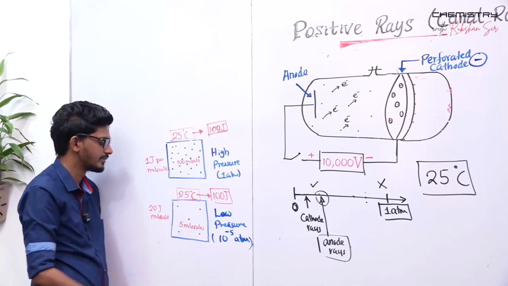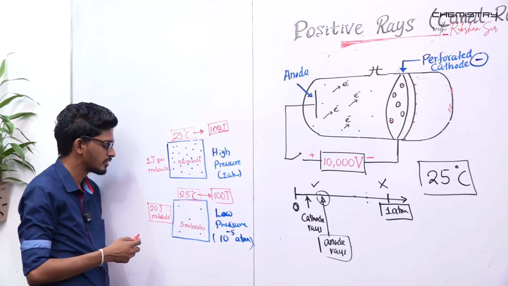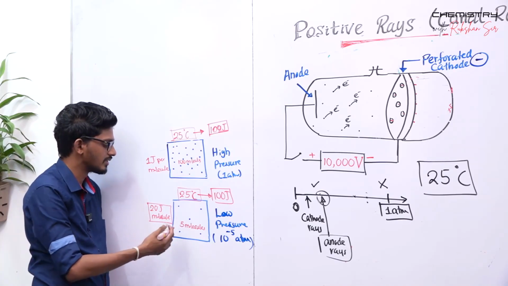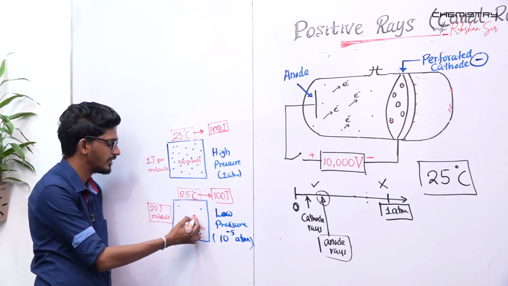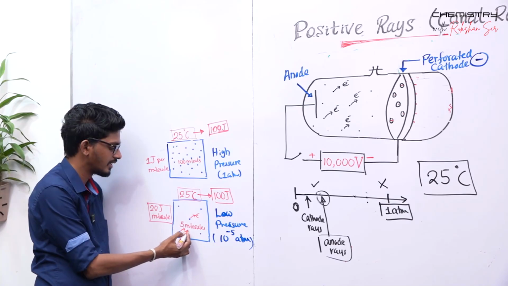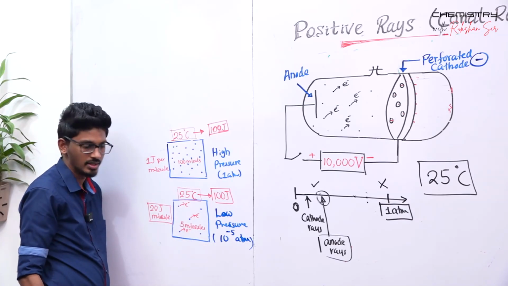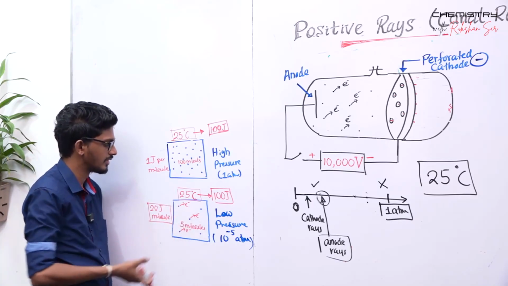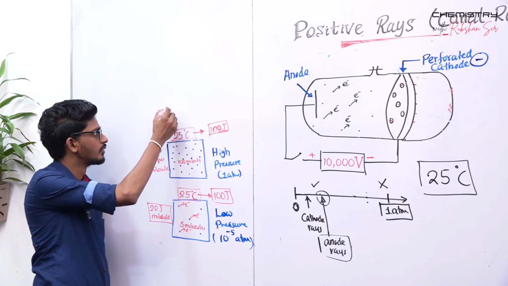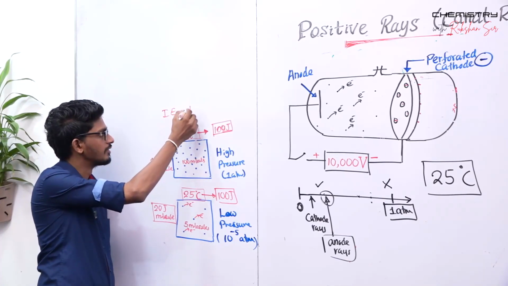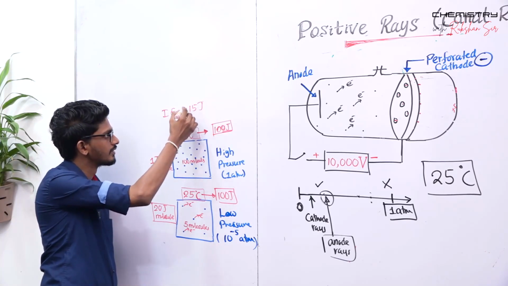So what will happen here? If the 20 joules are sufficient to supply the ionization energy of these particles, those will eject electrons and get ionized. Let's say the ionization energy of these kind of gas molecules is 15 joules.